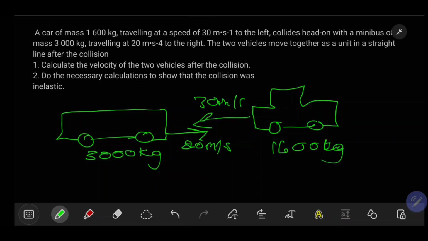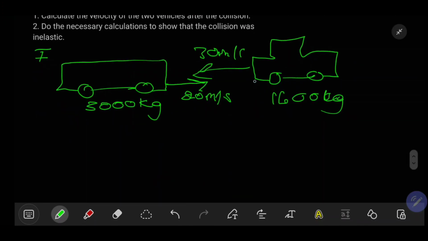So they collide head on. This was the initial stage of the collision. Then the two vehicles move together as a unit in a straight line after collision. Because they collided head on, they were not separated after collision.